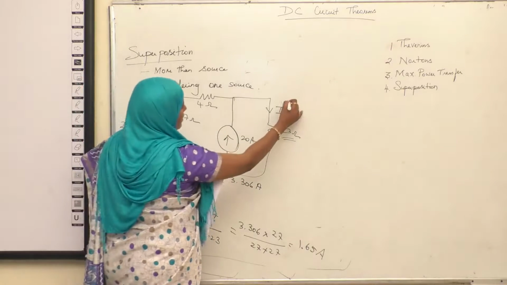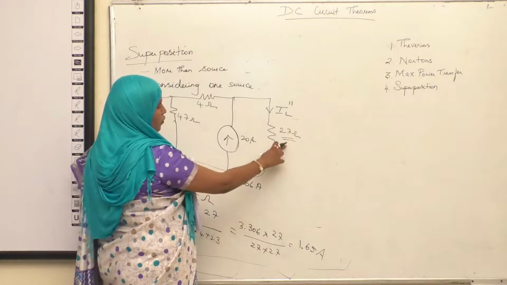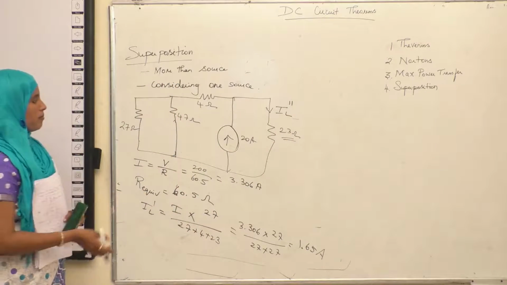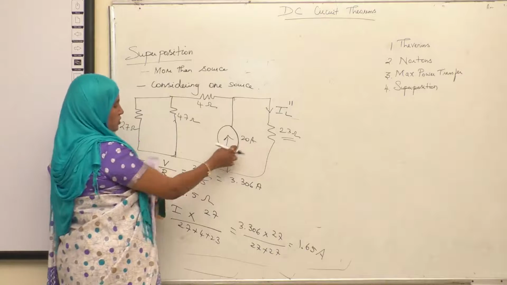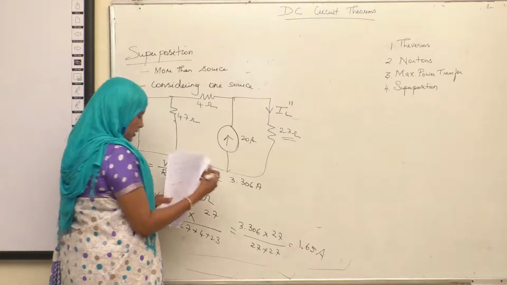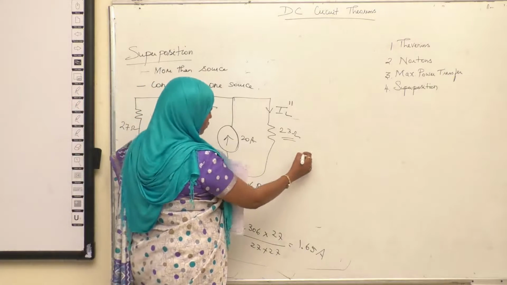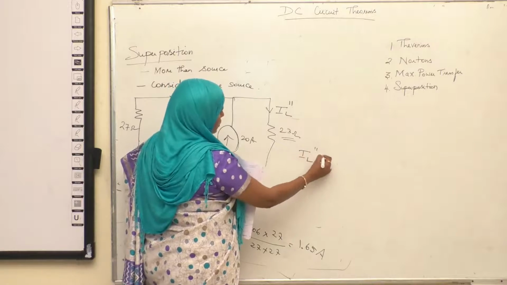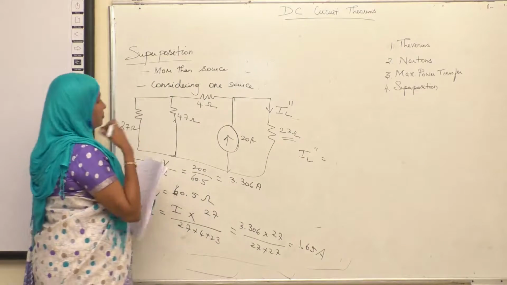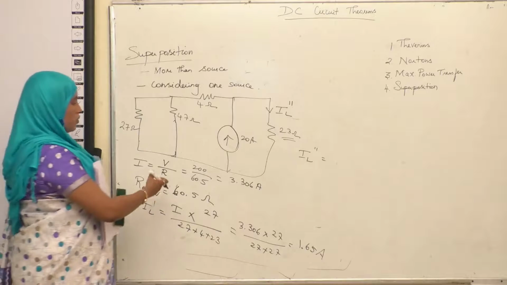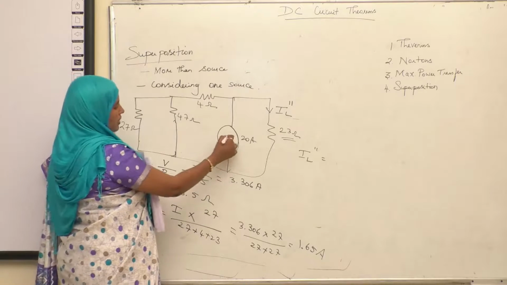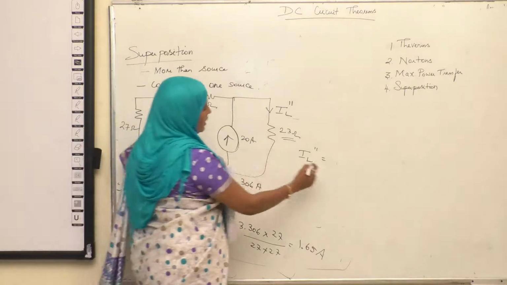Now you need to find the same current flowing through 23 ohm but with a different source. Here what you have to find is, you can directly do this. IL double dash is equal to, what is the total current? Here you need not find total current. Already given here itself, 20 ampere.